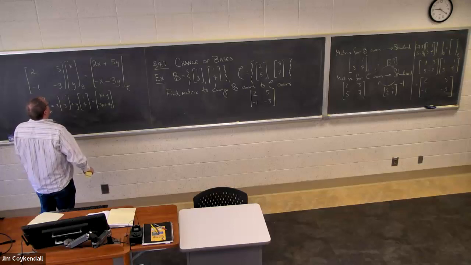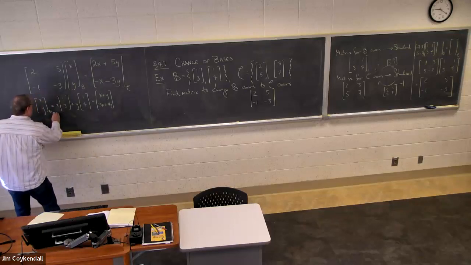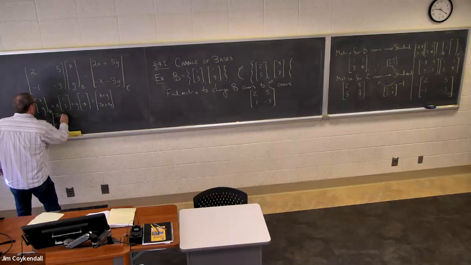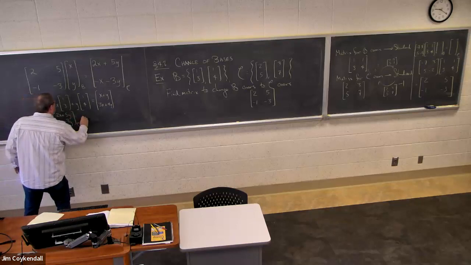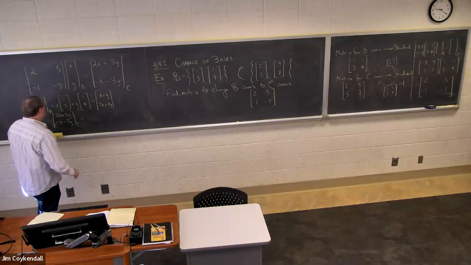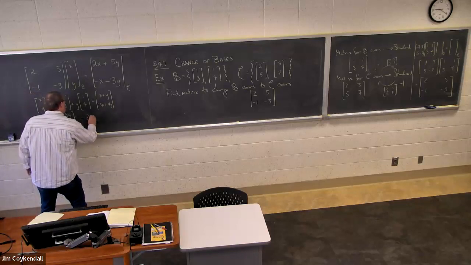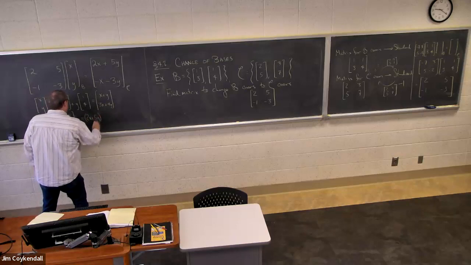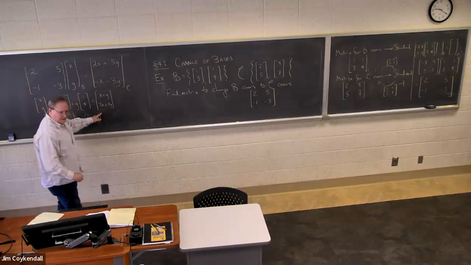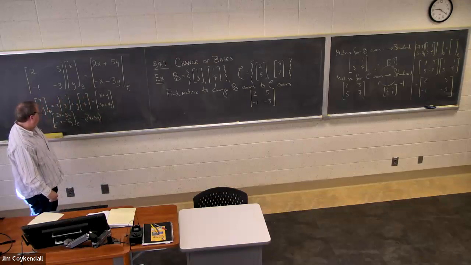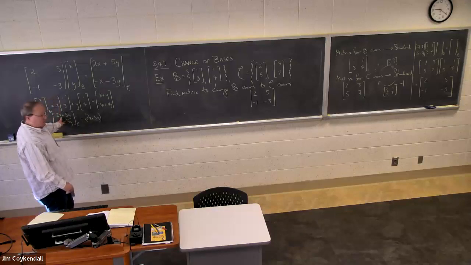So this output here is 2X plus 5Y and minus X minus 3Y. This is the thing to focus on. Let me be careful. This is 2X plus 5Y in C coordinates. So what does this mean in C coordinates?